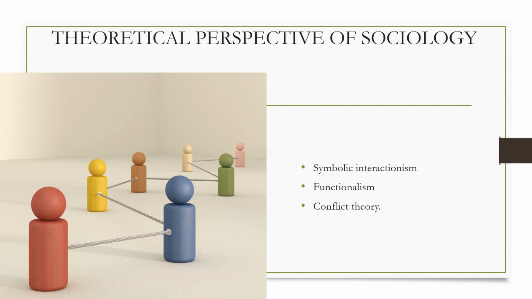We are going to learn why the revolution that Karl Marx envisioned has not happened yet. So these are the basic things, the theoretical perspectives that you must acquaint yourself with as you call yourself a student of sociology.